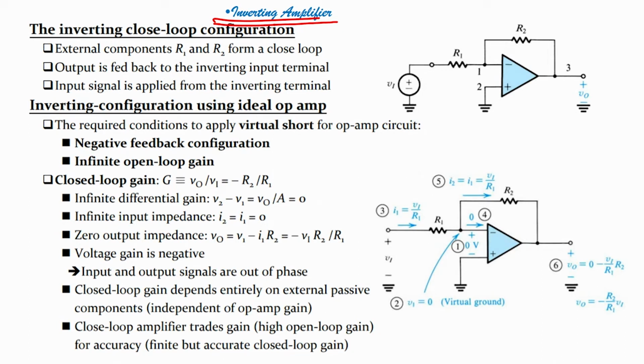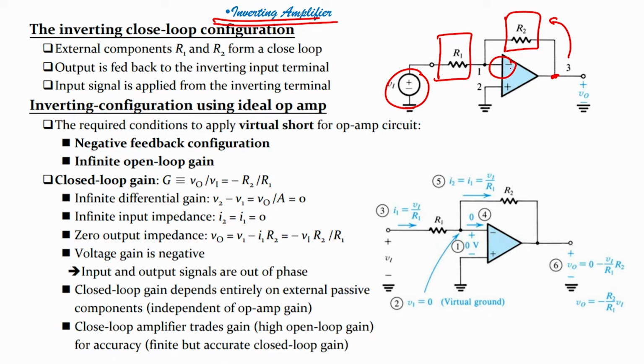In the inverting closed loop configuration, external components R1 and R2 form a closed loop. Here you can see R1 and R2. This forms a closed loop because you are feeding back here, and the input signal is applied to the inverting terminal.